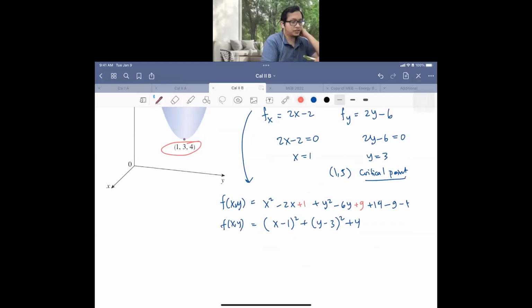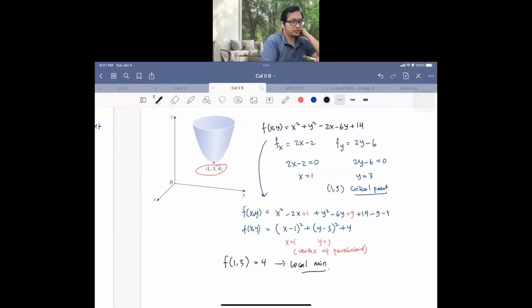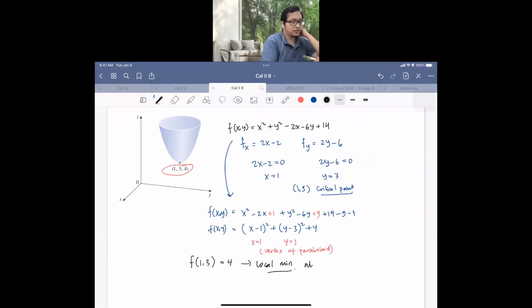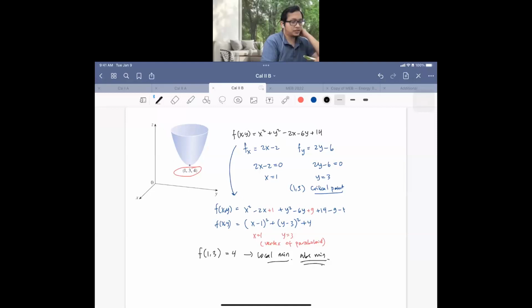From here we can confirm that at x equals 1 and y equals 3, this will be the vertex of the paraboloid. So f(1, 3) equals 4 is the local minimum. In fact, if we consider all domains, this will be the absolute minimum, just to show you how it is.